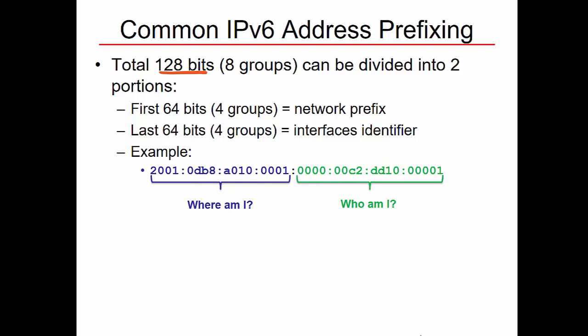If we split up the 8 groups, then this will be the last 64 bits, and the front here is the first 64 bits. The last 64 bits represent your host address, who am I? And the front 64 bits represent your network address, where am I?